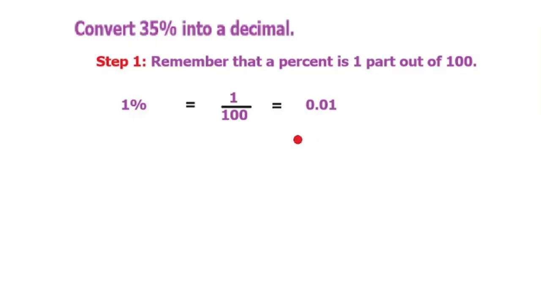Basically, when you take the number 1, there's a decimal spot at the end of it here. And because there's 2 zeros in 100, you move the decimal over 2 times. 1, 2.